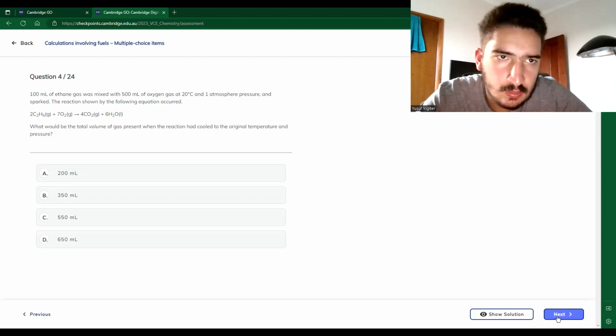100 milliliters. So one, how can I say this? That's moles. Get the mole and divide it by the coefficient. So to get the mole, that's the mole, isn't it?